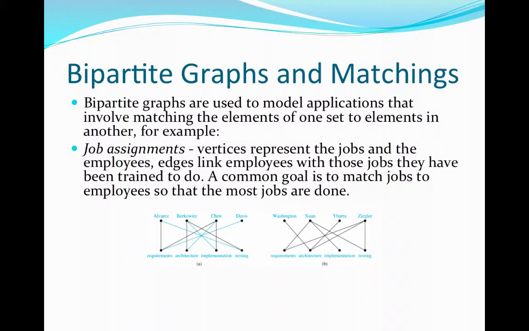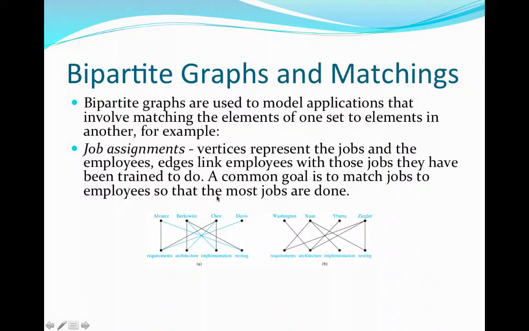Now we want to look at applications of bipartite graphs. So what makes these types of graphs so special? They're very useful to model particular applications, such as matching one set of elements to another set. So for example, we may want to assign individuals certain tasks or jobs within a workplace.